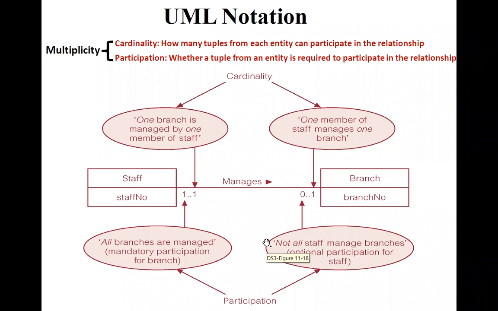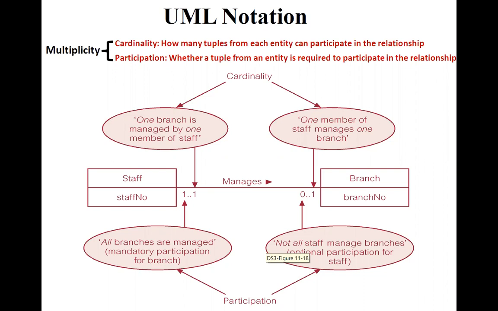Now, let's talk about cardinality and participation. Again, cardinality is about how many tuples from each entity can participate in the relationship, right? Those things are specified in the business rules. So you can read your Carnegie and Beck book to read all the details about the business rules related to this diagram.